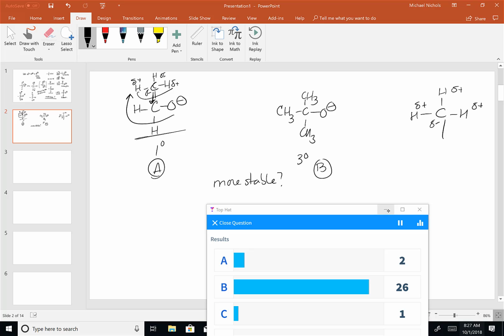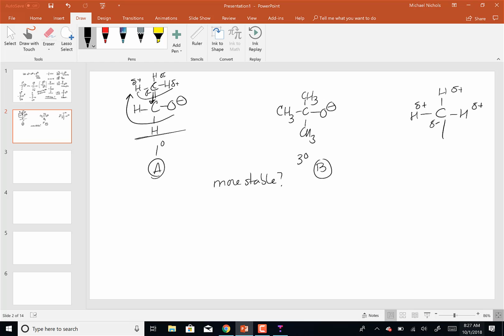Let's just say, for the sake of argument, I make a fluorinated ethyl alcohol. This has the right flow of electrons. When the alcohol gets deprotonated, I have a negative charge.